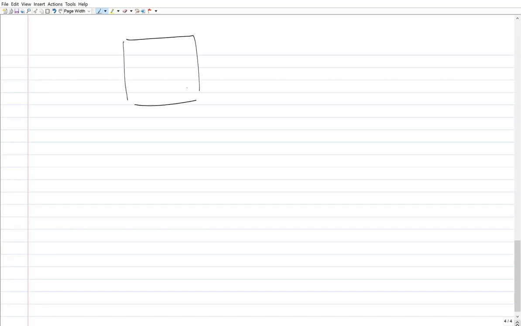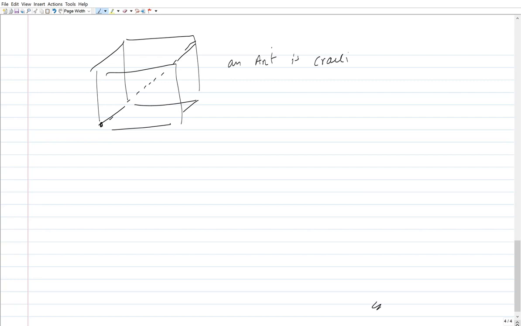So for example, I have a room, and let's say an ant is crawling diagonally across the room.